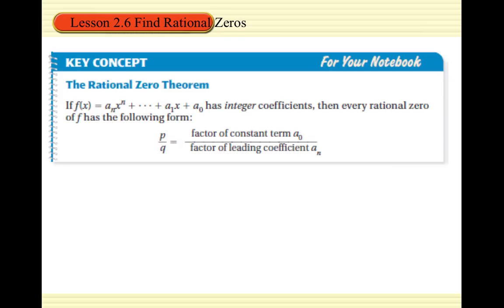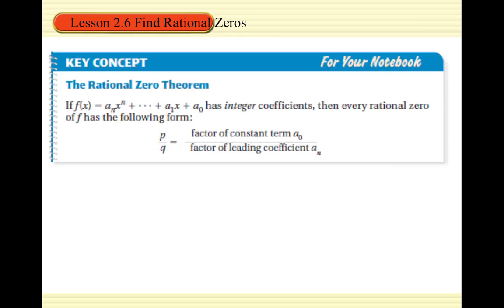or a fraction, where it has a number in the numerator and a number in the denominator, usually also just some form of an integer. So the rational zero theorem is, if you have a function that has integer coefficients, so not fractions, not square roots, not decimals, it has to have integer coefficients, then every rational zero of that function has the following form: p over q.